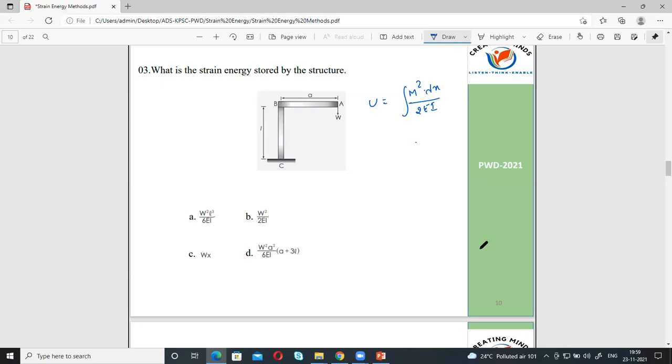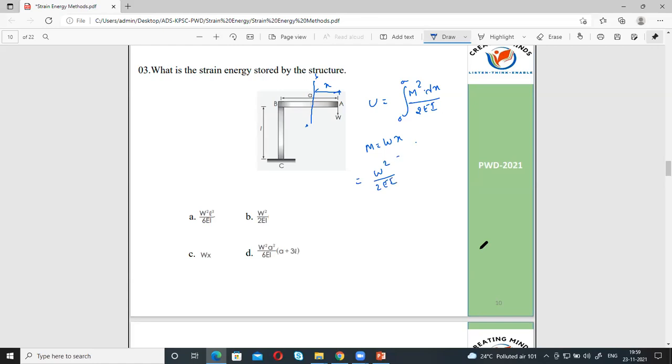If you take this section at distance x, what are we getting? M equals W into x. Finally, if you substitute and apply the limit 0 to A, what are we getting? W square you take outside, 2EI you take outside.